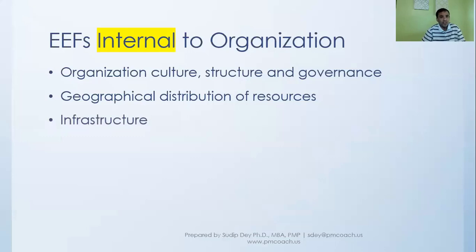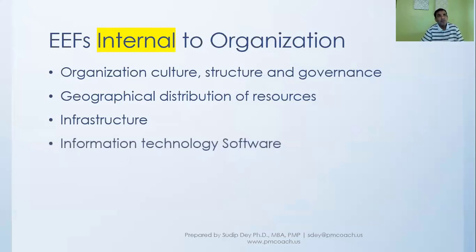Then infrastructure. There are different kinds of infrastructure, hardware, software, facilities, that will also have an impact on our project. Information and technology software, IT software. For example, scheduling. In some organizations, the software that is used for scheduling might be Microsoft Project.